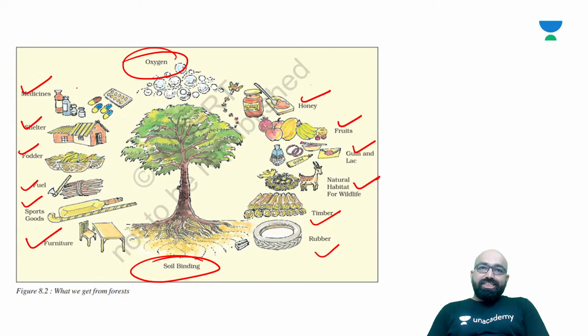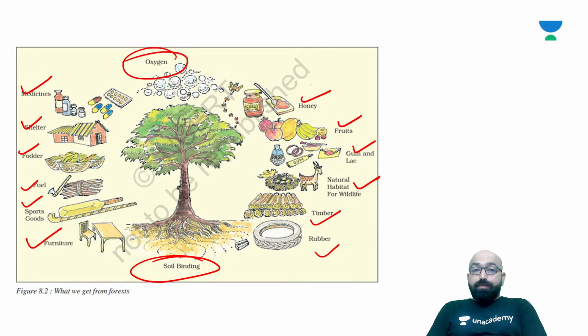So, natural vegetation has been destroyed to a large extent because of the reckless cutting of trees. So, we should plant more trees and protect the existing ones and make people aware of the importance of trees.